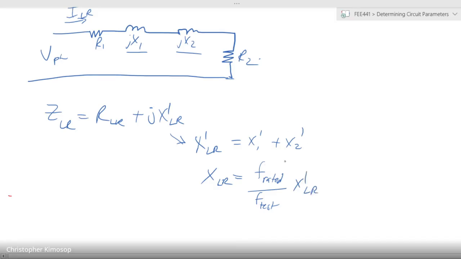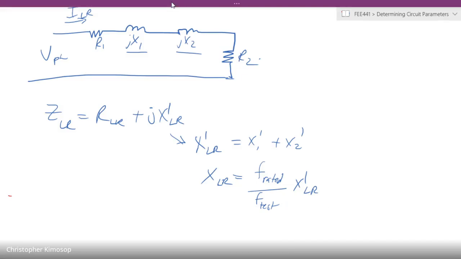Because our rated frequency probably will be 50 hertz, and our test frequency can be low, 10 hertz, and so on and so forth. So you have to take into account those differences when you're doing your calculations, tests and checks.